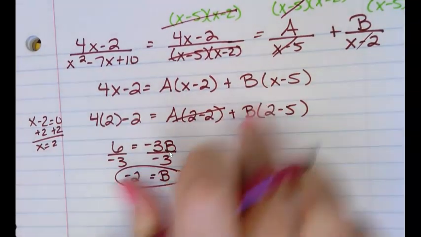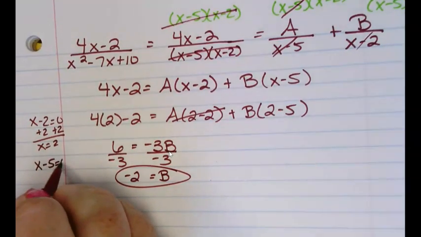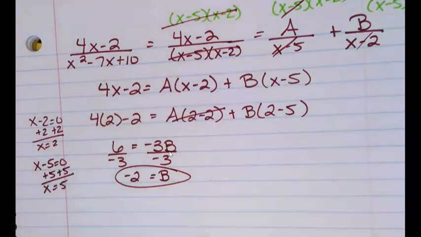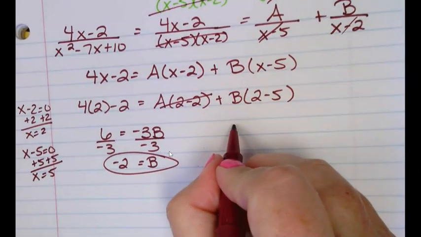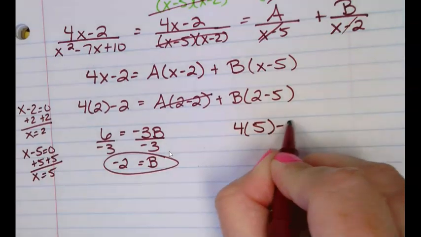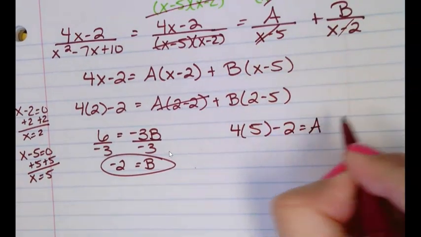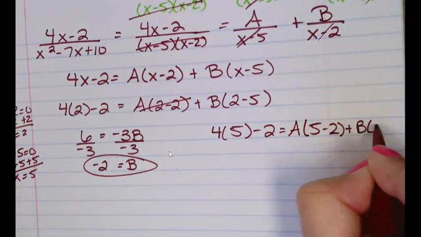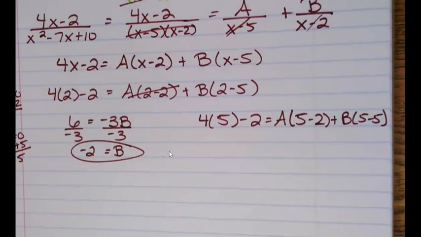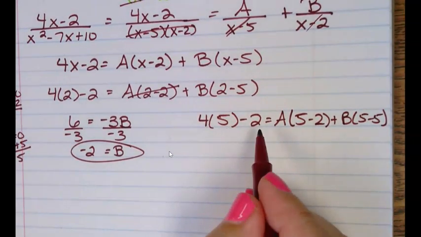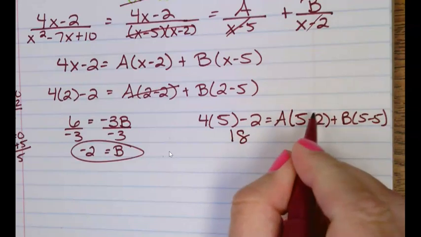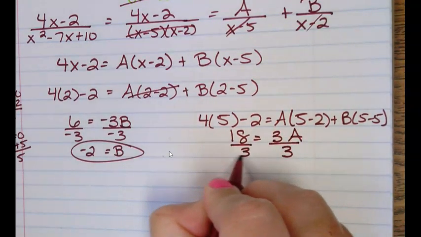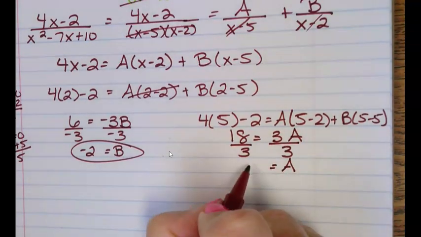We're going to repeat with x minus 5, add 5, x equals 5. So 4 times 5 minus 2 equals a times 5 minus 2 plus b, 5 minus 5. So 20 minus 2 is 18, and 3a. Divide by 3, a equals 6.